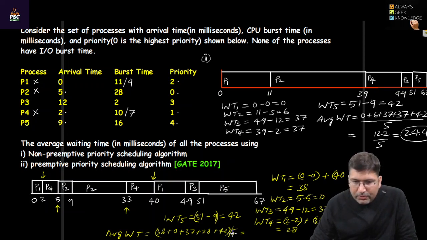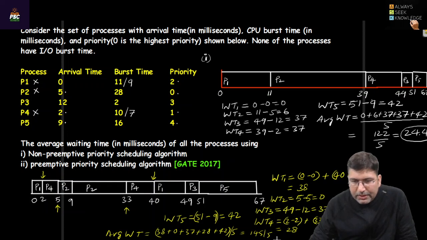42 and 38 when you add, it will become 80. And 80 plus 20 will give you 100. 100 plus 8, or you can say 37 plus 8, will give you 45. Right? So 145 divided by 5.